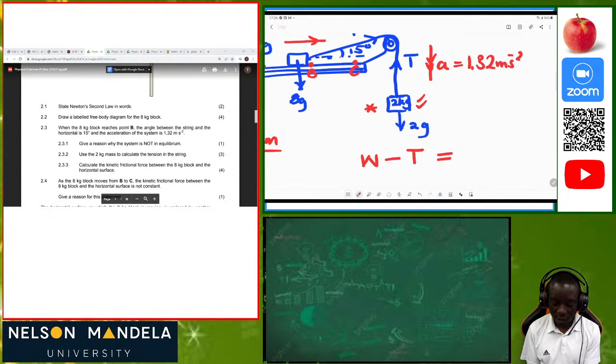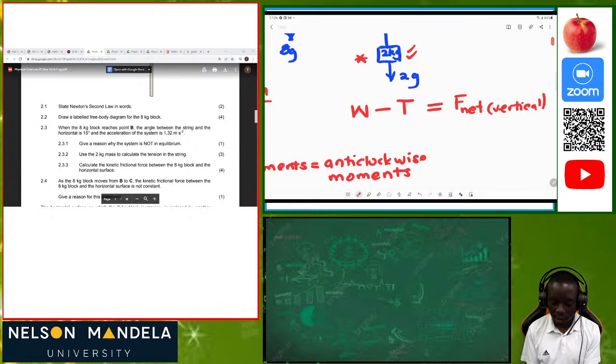They result in a net vertical force, and this net force is equal to the mass, 2 kg, times the acceleration of this system.